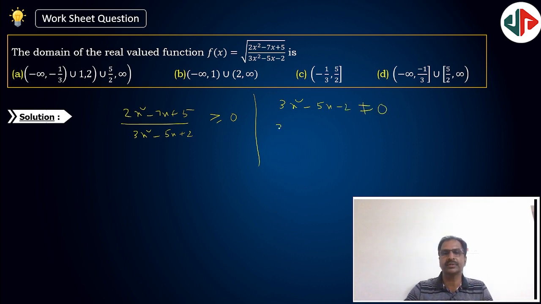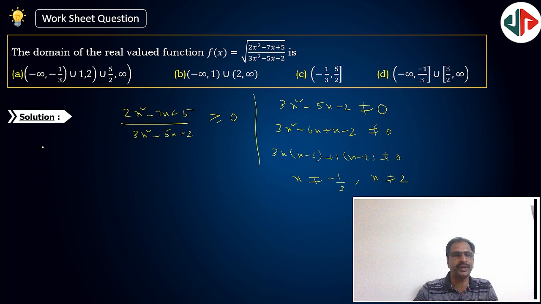Write factors for this. From this, x not equal to minus 1 by 3, x not equal to 2.